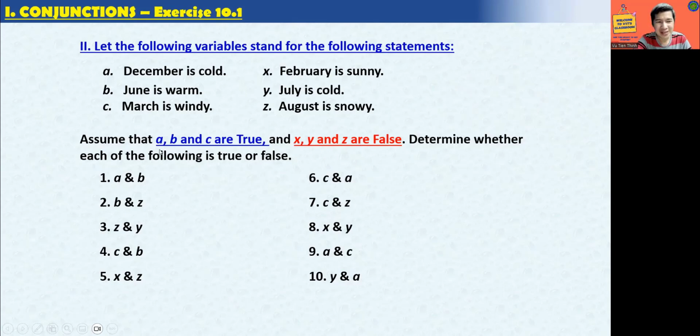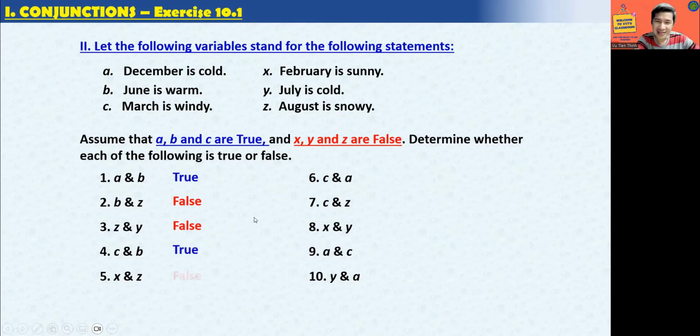Now A and B, it means true and true. That's true, right? B and Z is like true and false. True and false, false. Z and Y, false and false. Super easy. This is for kids. Yeah, so easy. False. C and B, true.